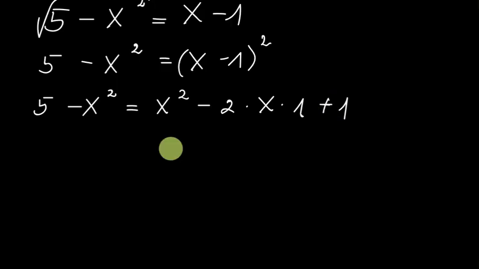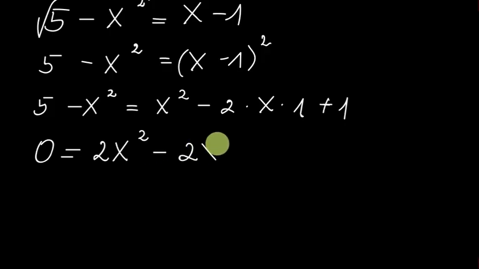If you forgot it, you can check because I mentioned it earlier in the video. Okay, so let's move this x squared to the other side as well as 5, and we get that 0 is equal to 2x squared minus 2x minus 4.